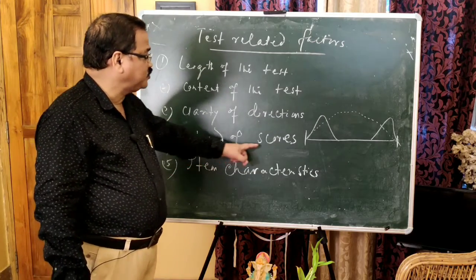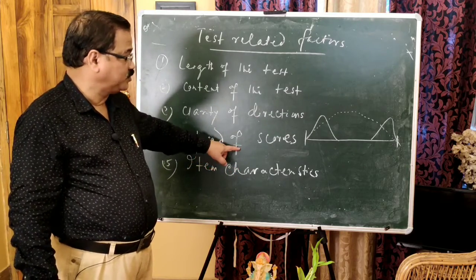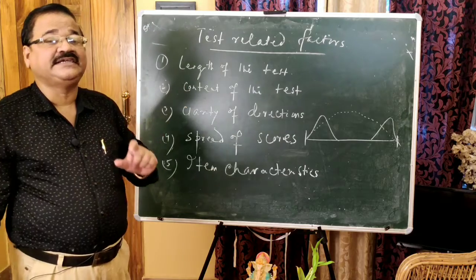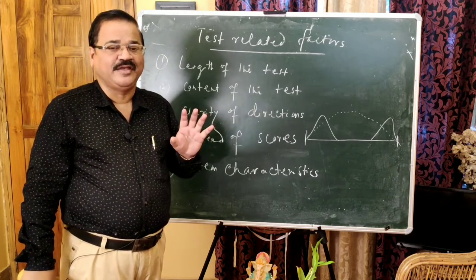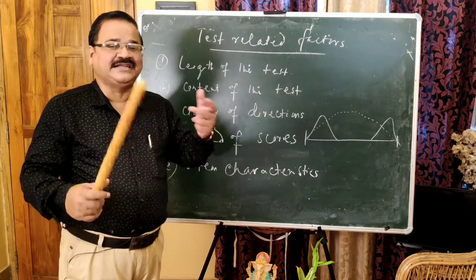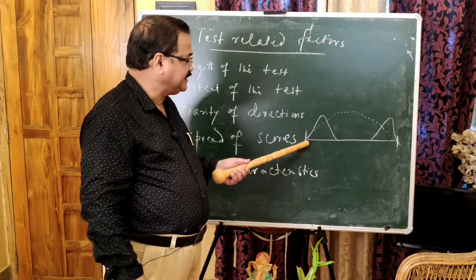Then spread of scores. It is a technical aspect. When students are appearing at the test, if the test items are too easy, almost all students can answer, so there will be concentration of scores.